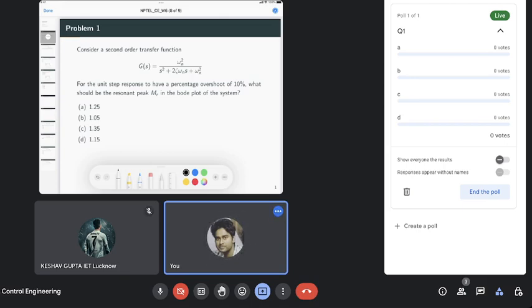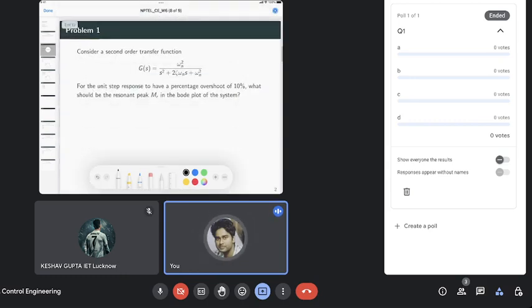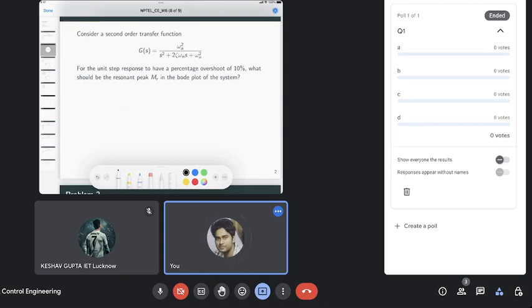Okay, so we can discuss this now. If the percentage overshoot is given, how do you find the damping factor? First you write the formula for the resonant peak, which is very simple: MR equals 1 over 2 zeta times the square root of 1 minus zeta square.